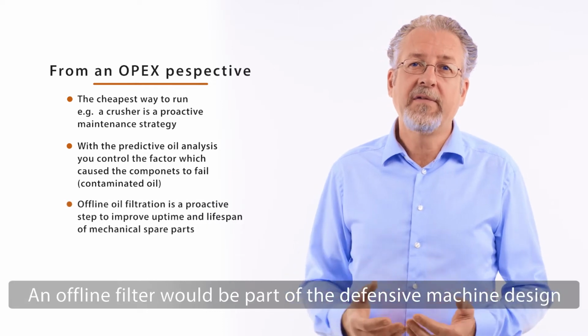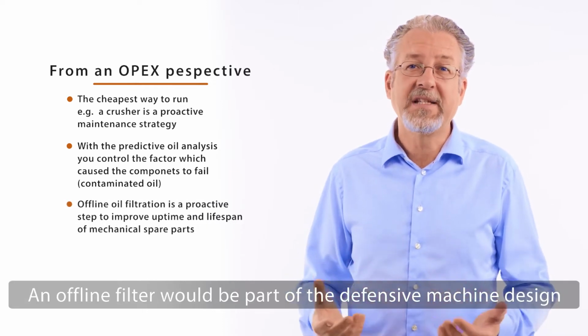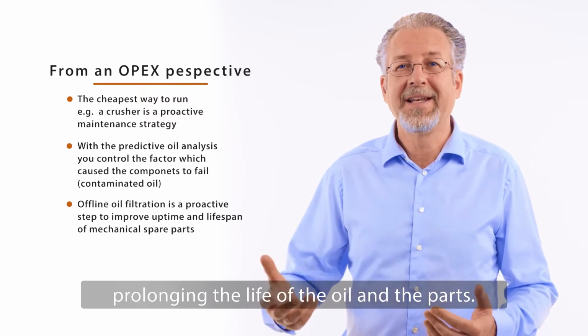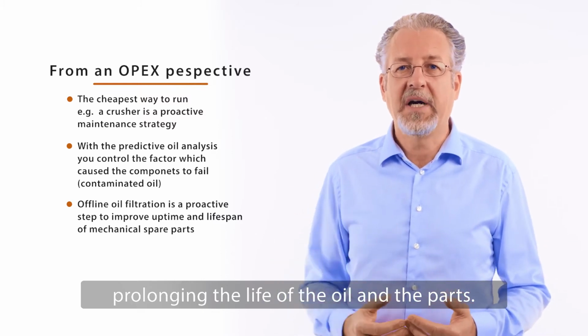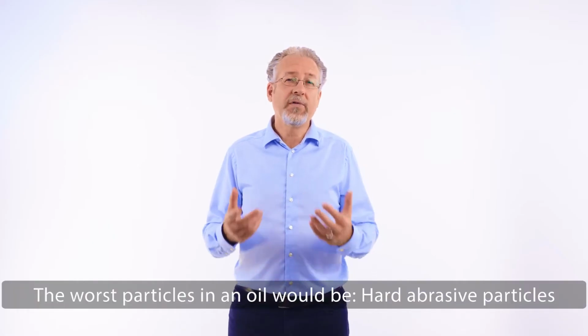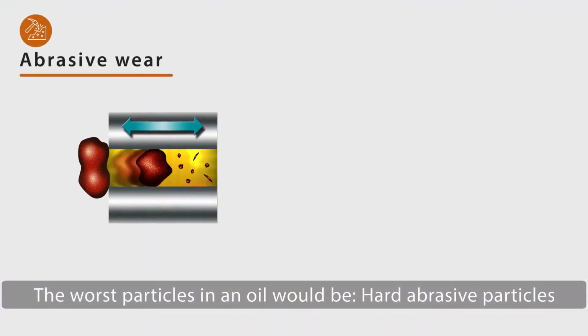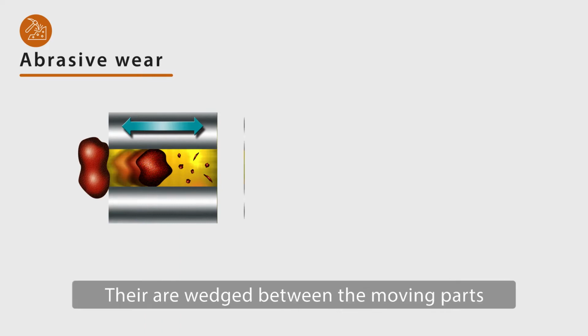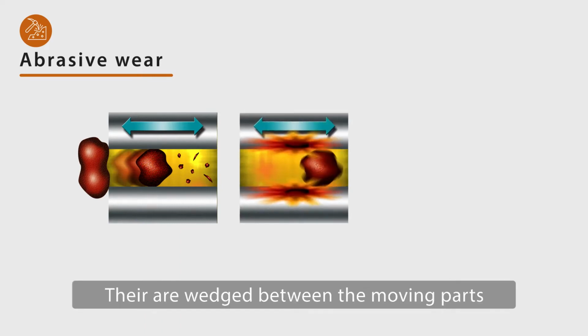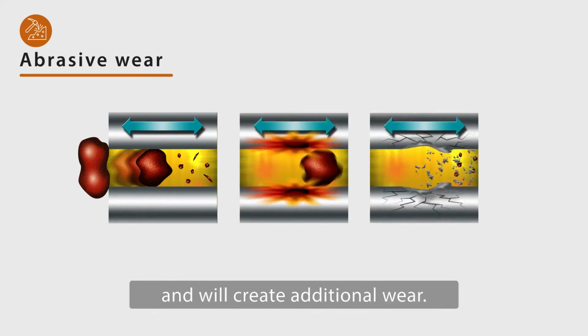So an offline filter would be part of the defensive machine design, prolonging the life of the oil and the parts. So the worst particles in an oil would be hard abrasive particles that are in the clearance size. They are wedged between the moving parts and will create a lot of additional wear.